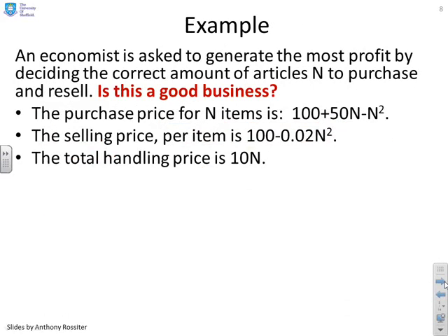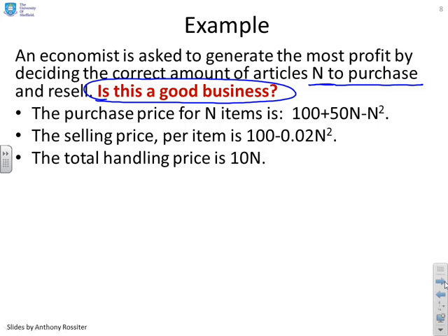An economist is asked to generate the most profit by deciding the correct amount of articles N to purchase. And here's the interesting thing: is this a good business? That question's a little bit more open-ended, and it's typical of a real engineering problem. I don't just want you to solve an exercise, I want you to give me a sort of vague type of answer. Is this a good idea or a bad idea? So here's the data you're given.